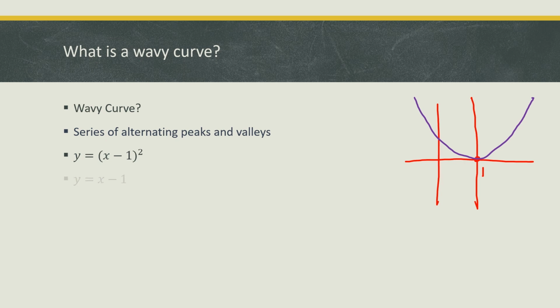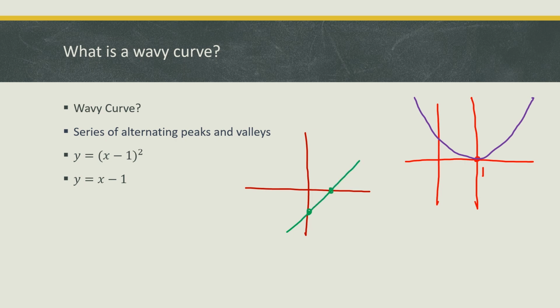Let's look at one more function, y equal to x minus 1. If you try to plot it, it would look something like this. At x equal to 1, the value is 0, and at x equal to 0, the value is minus 1. Is it a wavy curve?